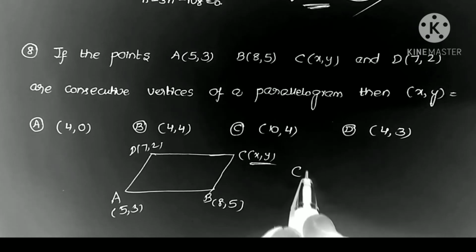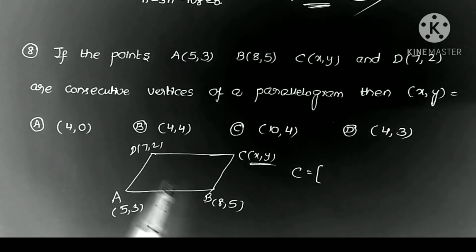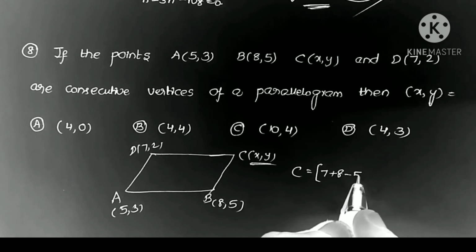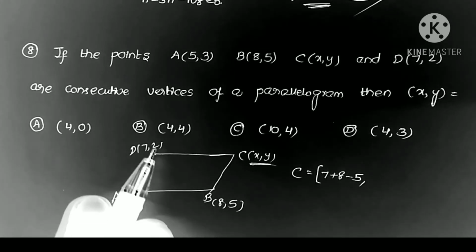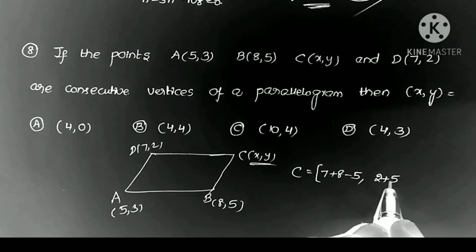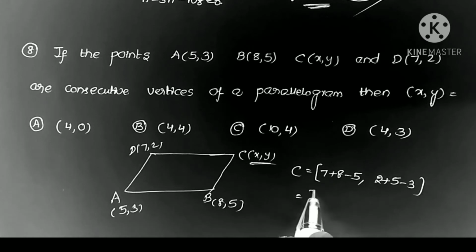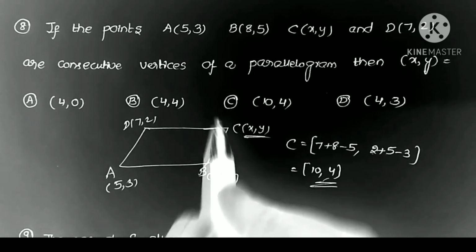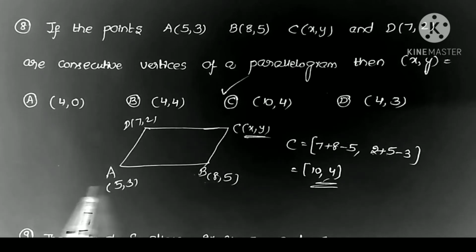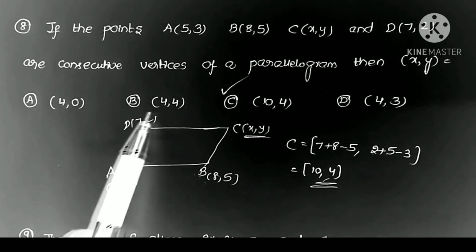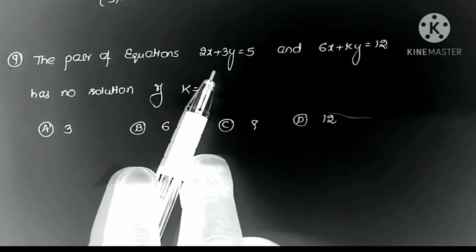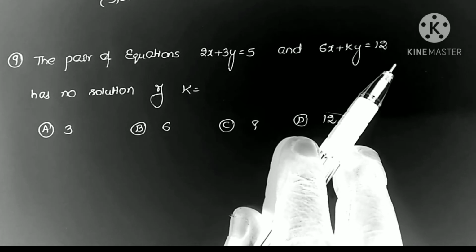So the x coordinate is 7 plus 8 minus 5, and the y coordinate is 2 plus 5 minus 3, and this is equal to 10, 4. That's all. That is the third option. It is the sum of the adjacent coordinates minus the opposite coordinates: 7 plus 8 minus 5, 2 plus 5 minus 3.